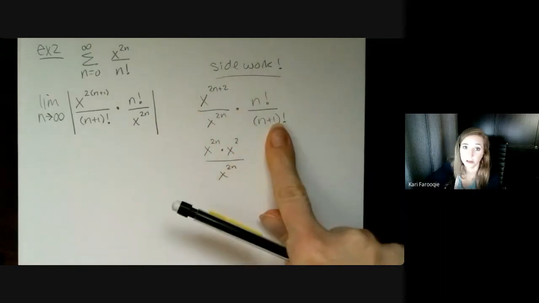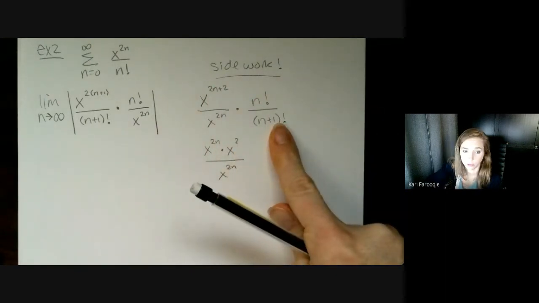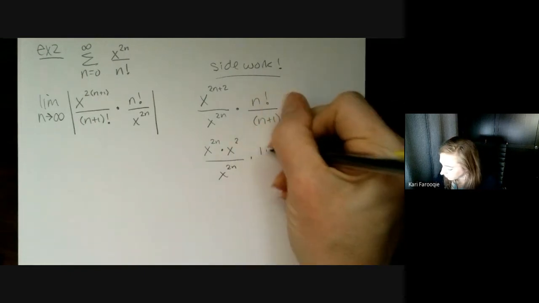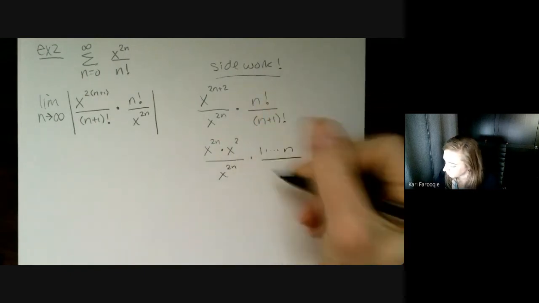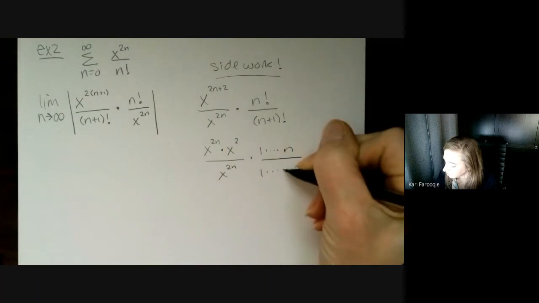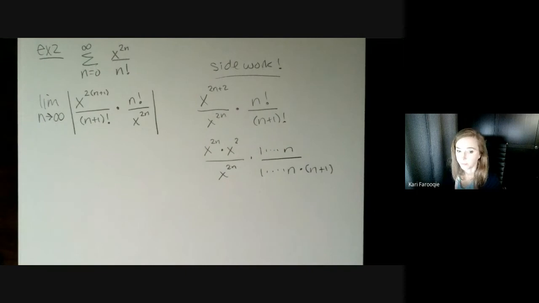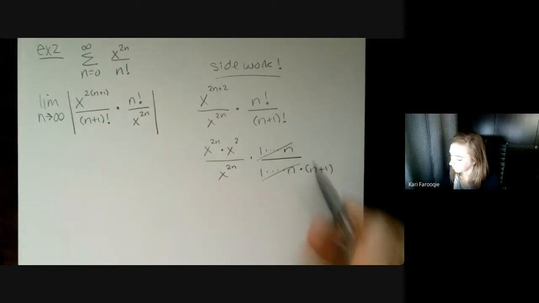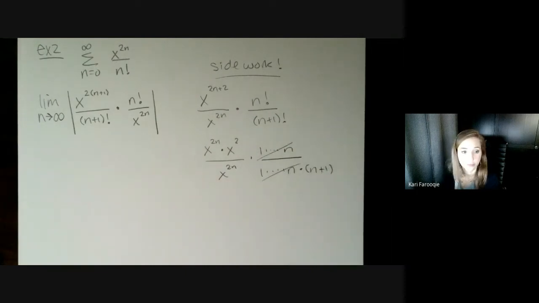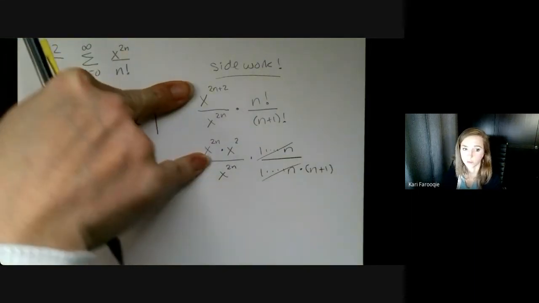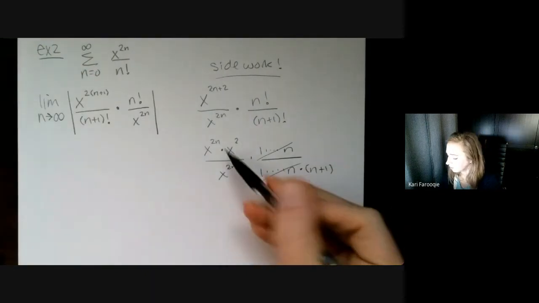Now, hopefully you guys did a bunch of this when you were working on your ratio test, but if you need a refresher, in the numerator you're going up to n, in the denominator you're not only just going up to n, but to n plus 1. So here we use that exponent rule that says if you're multiplying with the same base, you add the exponents, and we're undoing that.